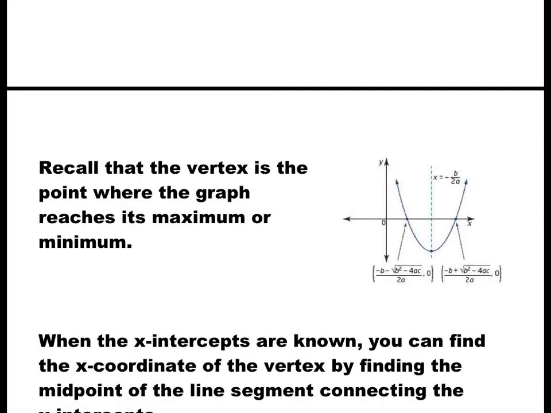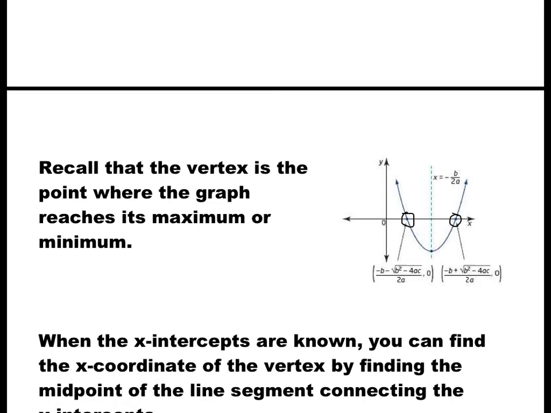Now, if you remember when you plot the quadratic equation, the x-intercepts are the points where the parabola crosses the x-axis. Now, these x-intercepts are the zeros or the solutions to ax squared plus bx plus c.